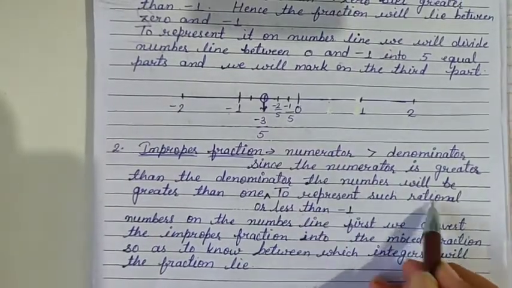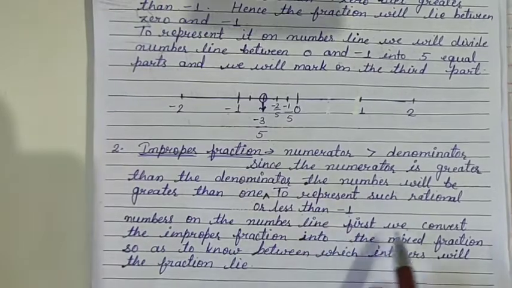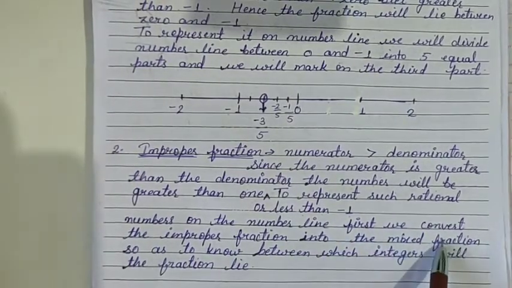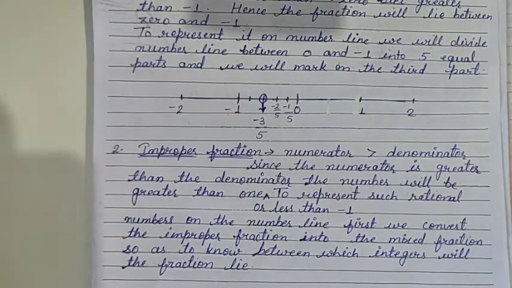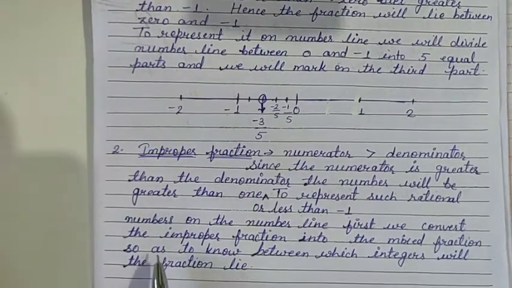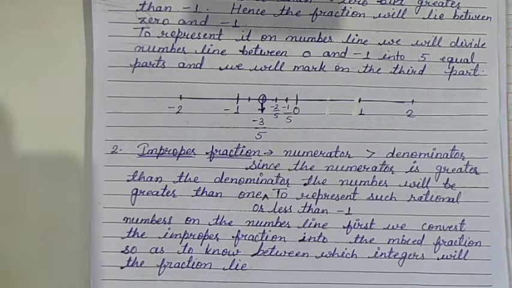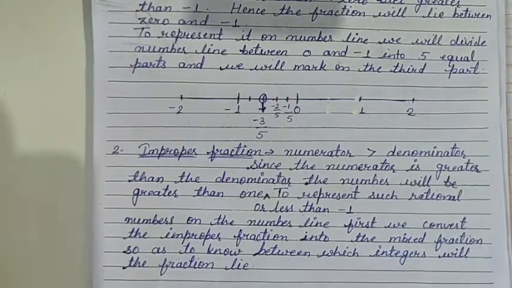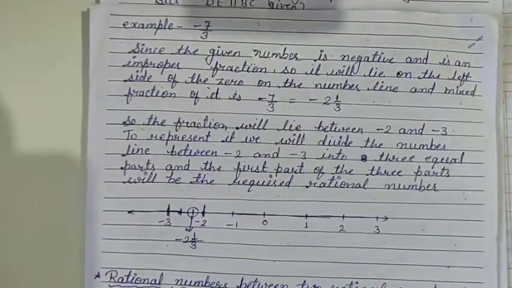To represent such rational numbers on the number line, first we convert the improper fraction into the mixed fraction. So our first step is, firstly we will convert the given improper fraction into the mixed fraction, so as to know between which integers the fraction will lie.